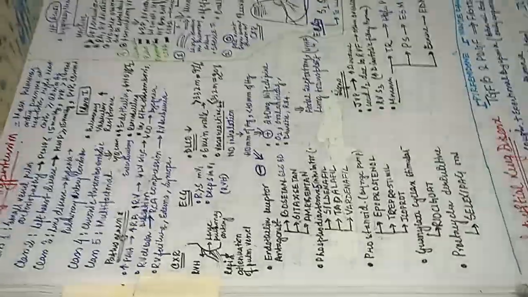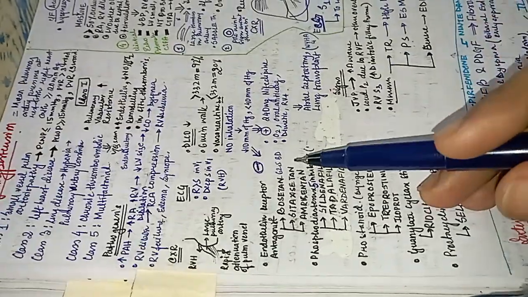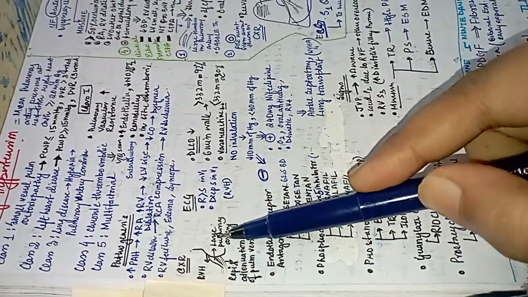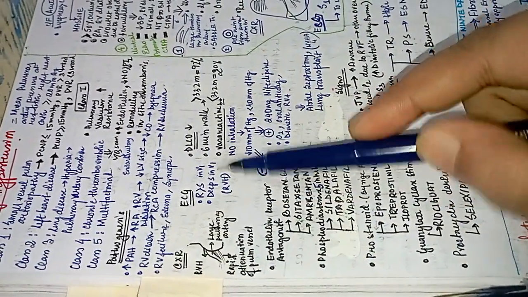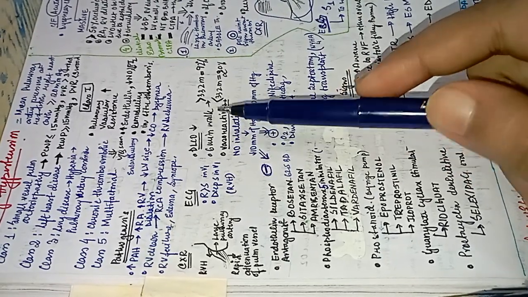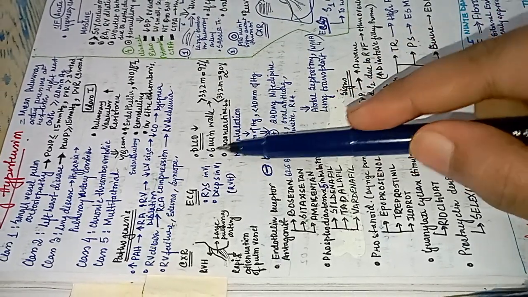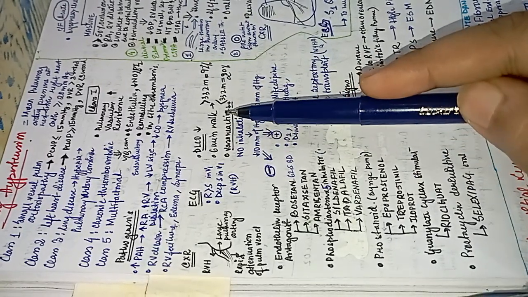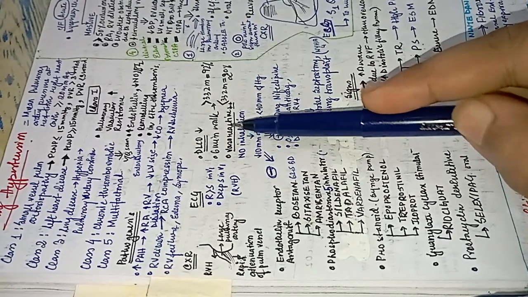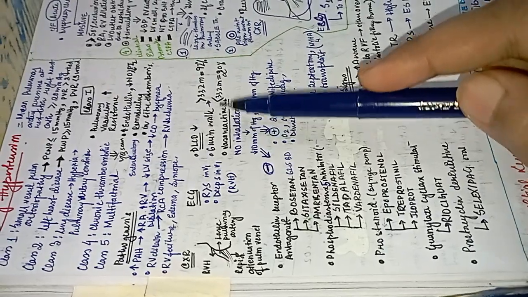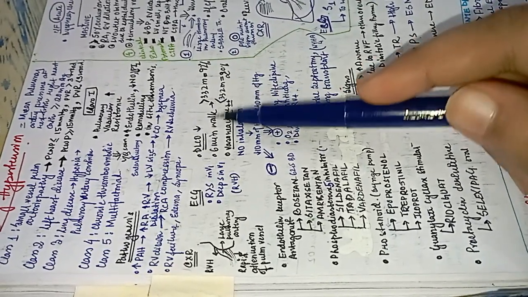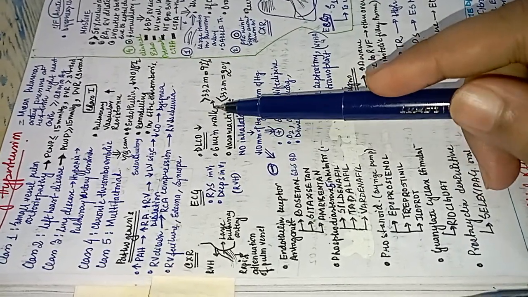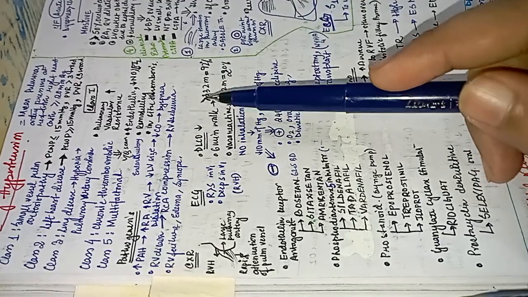How will we diagnose? Diagnosis is done by first chest X-ray, then ECG, then DLCO, because we have to understand whether it is a lung oxygenation issue or a vasculature issue, whether it is type 3, 2, 1 or 4.